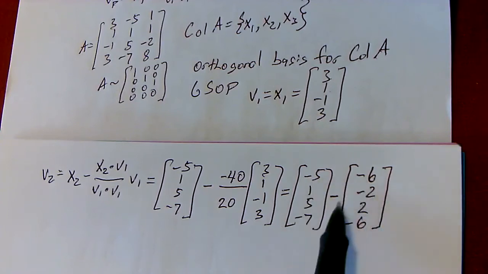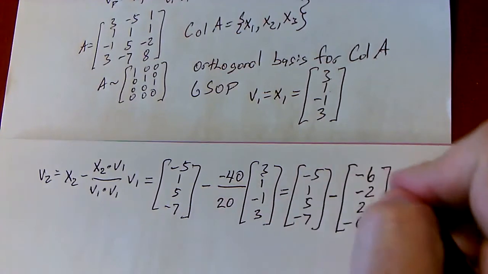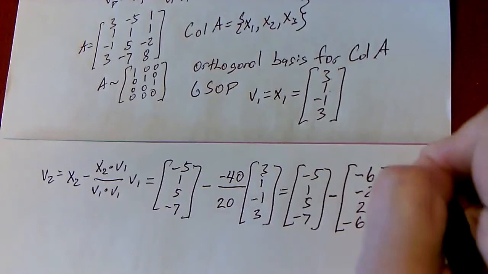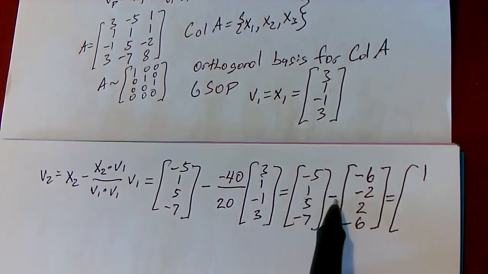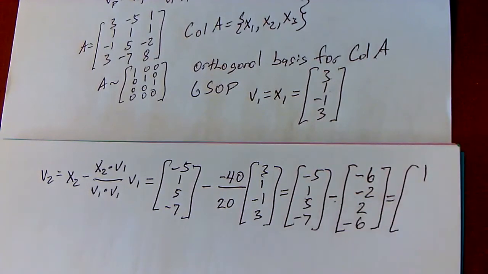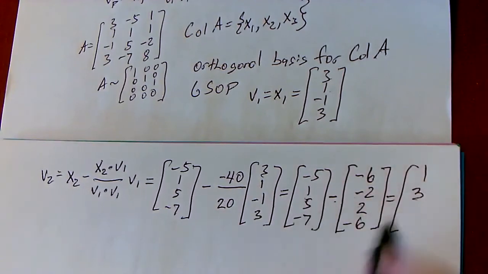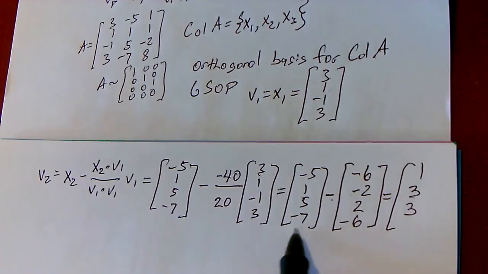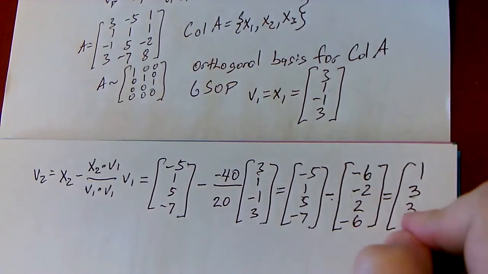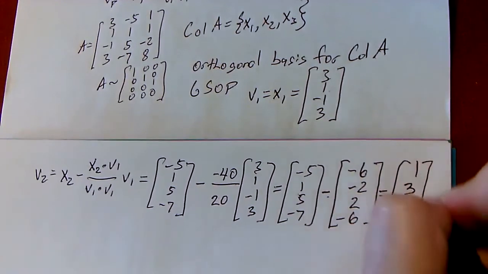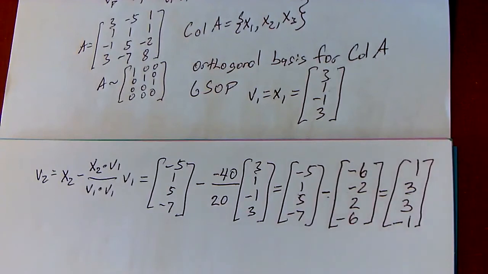So -5 minus a -6 is really -5 plus 6, so I get 1. 1 plus 2 is 3. 5 minus 2 is 3. And -7 plus 6 is -1. So 1, 3, 3, -1.